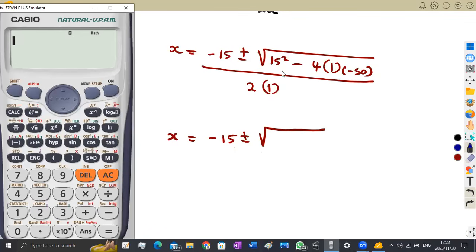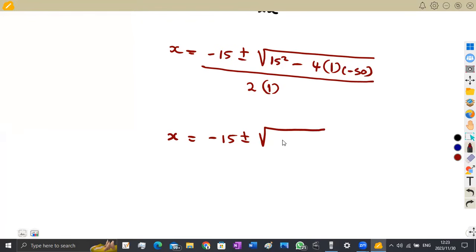That is 15 squared minus 4 times 1 times negative 50. All right, so this is going to give us 425. Everything is over 2 times 1, which is 2.